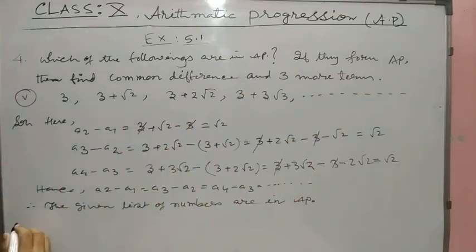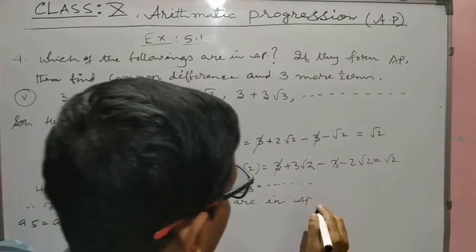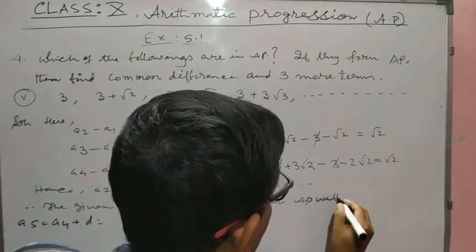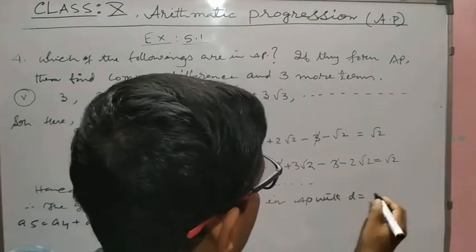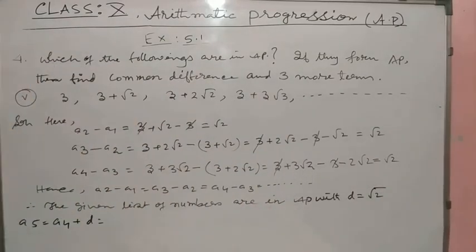Therefore A5 equal to A4 plus D. So the given list of numbers are in AP with common difference D equal to root 2. D means common difference.